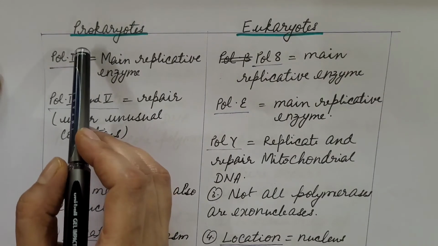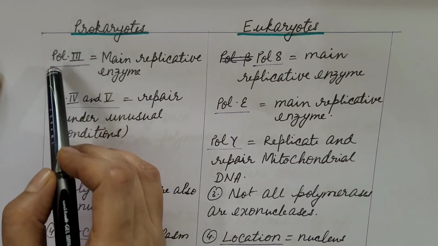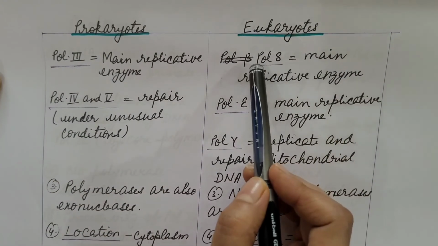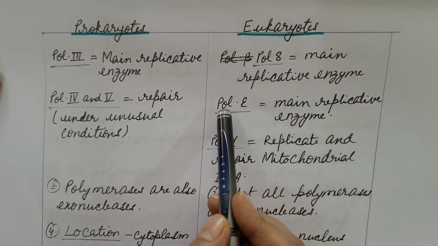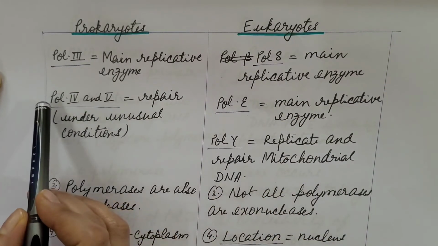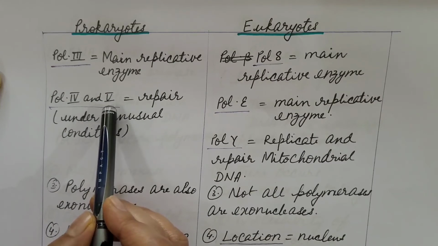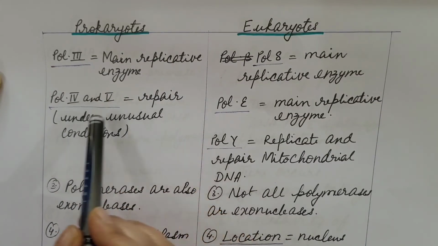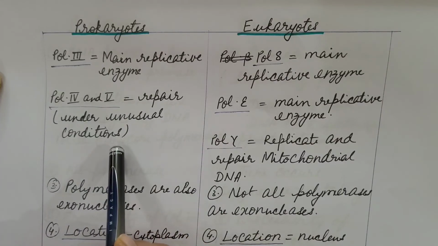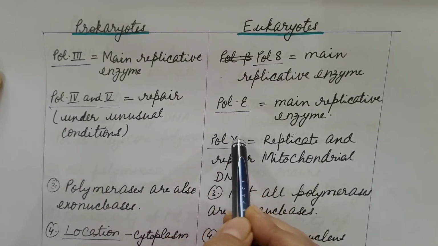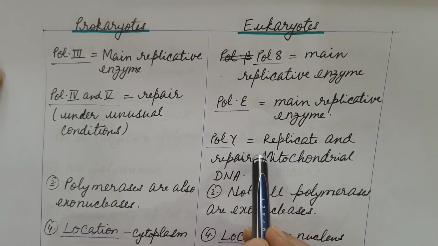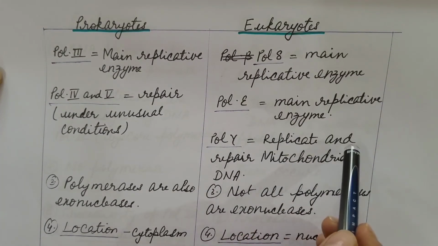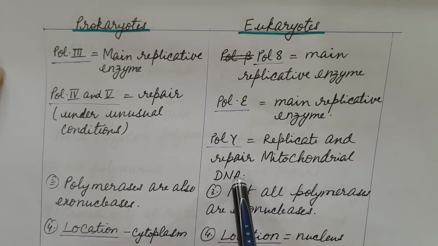If we talk about the main replicative enzyme, in prokaryotes it is polymerase 3 and in eukaryotes it is polymerase delta and polymerase epsilon. Polymerase 4 and polymerase 5 in prokaryotes are also involved in repair under unusual conditions. Polymerase gamma of eukaryotes is present in mitochondria and is involved in the replication and repair of mitochondrial DNA.